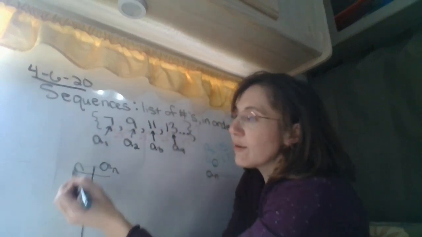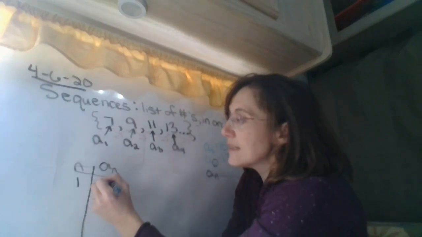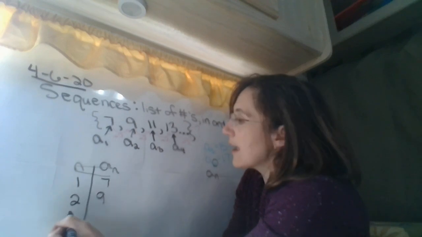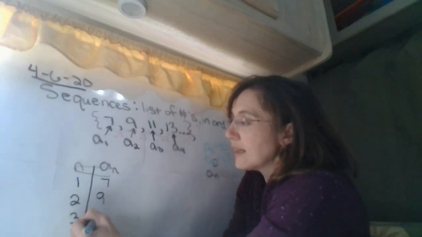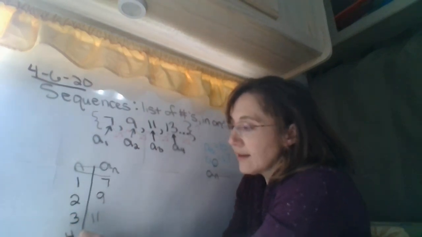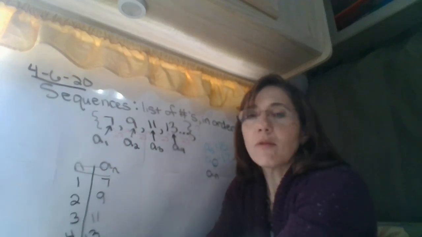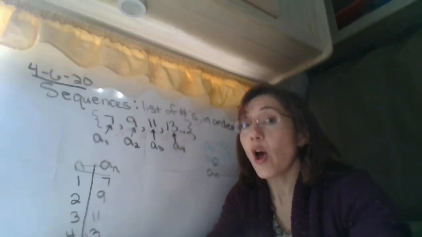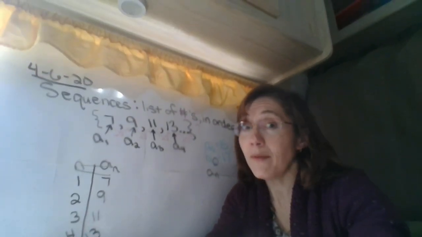So I could take the sequence and say that the first term is a 7, and the second term is a 9, and the third term is an 11, etc. So that should feel real familiar to you because you've been doing functions like that since 8th grade math. So hopefully your 8th grade math teacher talked about them a few times.